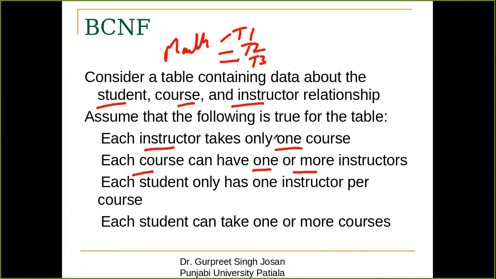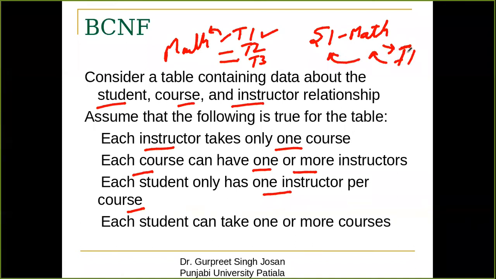So each course can have one or more instructors, and each instructor takes only one course. That means if T1 is teaching math, then he is only teaching math and he is not going to teach any other subject. Each student only has one instructor per course. So if student 1 is studying math, there will be only one instructor teaching math to student 1.